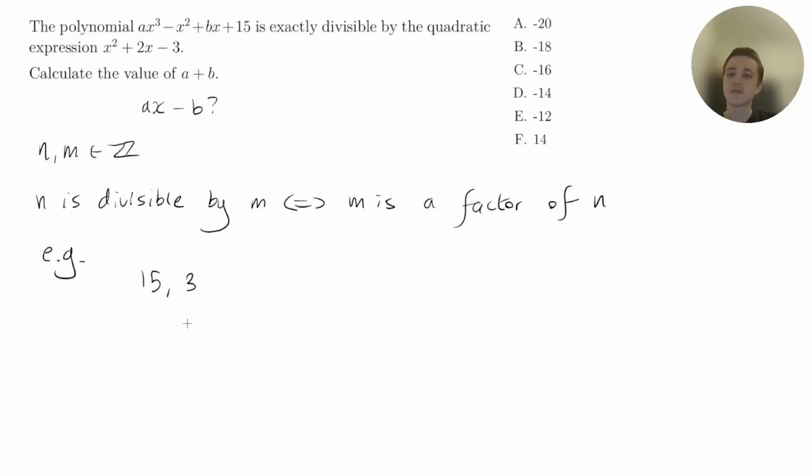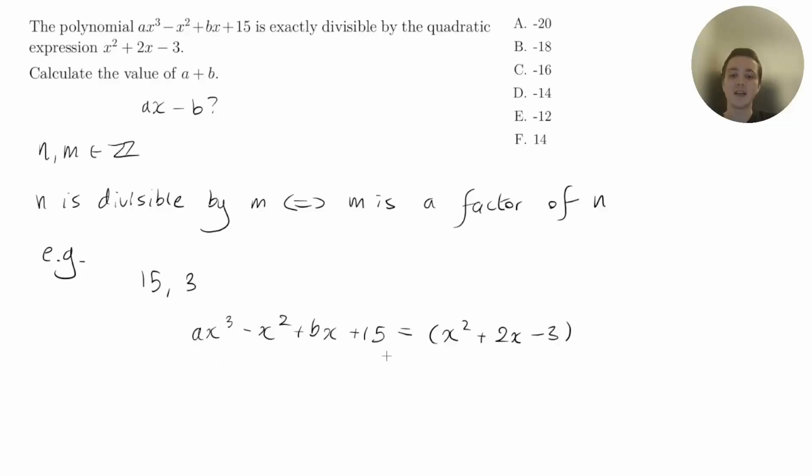So, what this really means is that our cubic has a factor x squared plus 2x minus 3, which means we can write ax cubed minus x squared plus bx plus 15 is equal to x squared plus 2x minus 3 multiplied by some other polynomial.